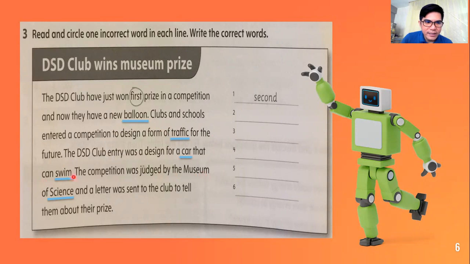Line 5, this is the incorrect word. And line 6, this is the incorrect word. What you're going to do now is to write the correct word for the underlined word. Ready? It's just like for number 1. Number 1 is the incorrect. They have just one, not first, but the correct word is second.